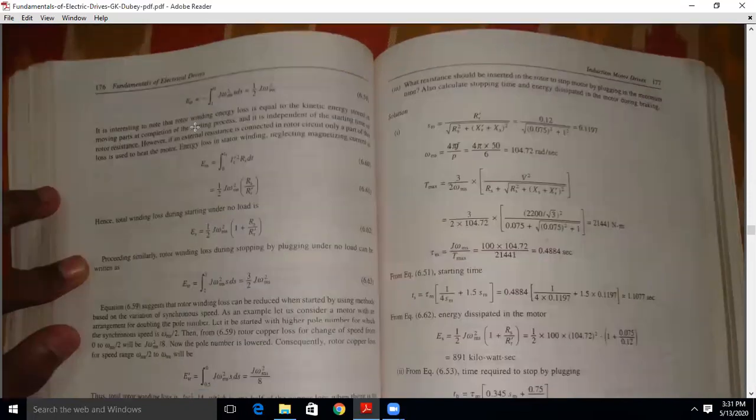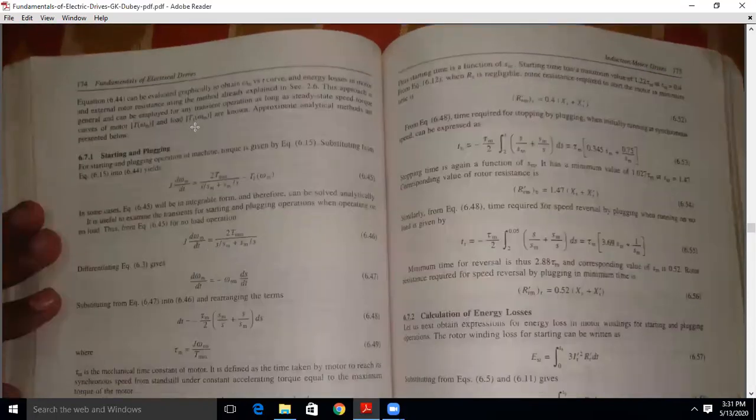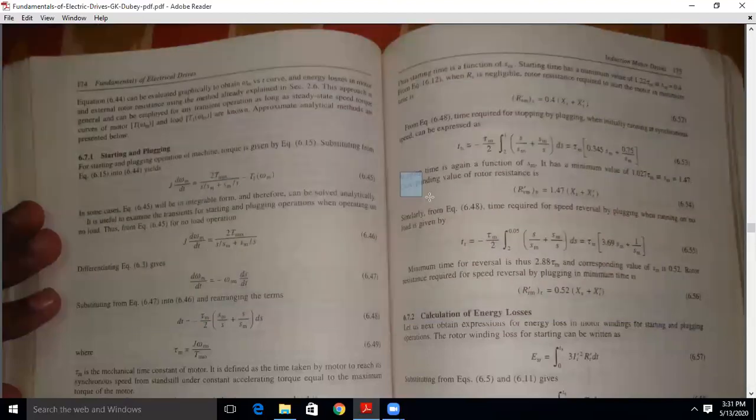Now again from equation 6.54, if the external resistance is Re, then let us move to that equation 6.54. Now see, the stopping time is again a function of Sm, the maximum slip.